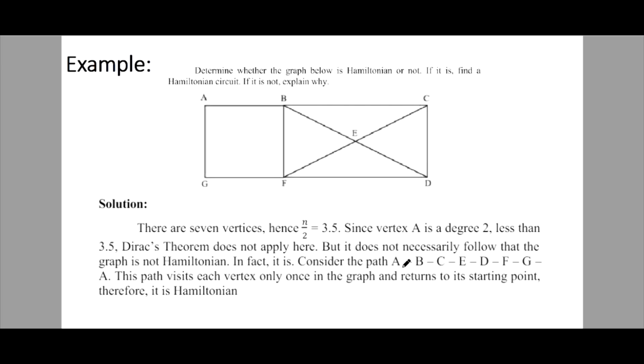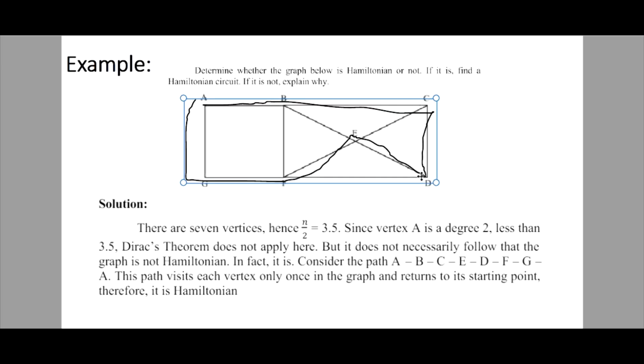This is a circuit because it starts and ends with the same vertex, and at the same time it's also a Hamiltonian path. So let's try A, B, C, D, E, F, G, A. So that is our Hamiltonian circuit. The point here is, if the premise of Dirac's theorem is false, then we must not use Dirac's theorem in determining whether the graph is Hamiltonian or not.